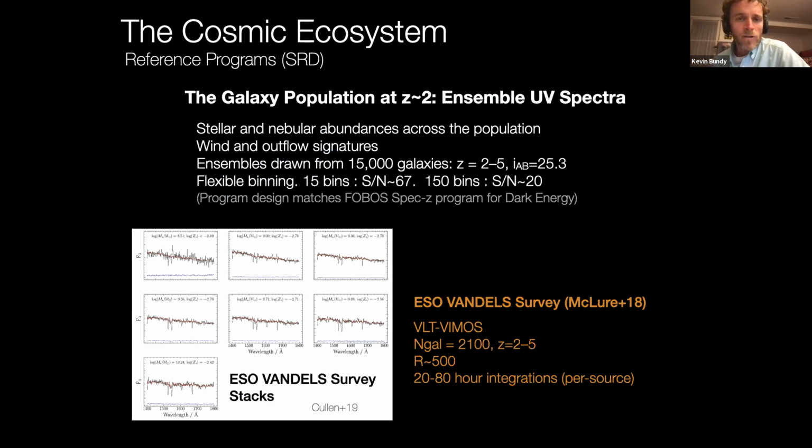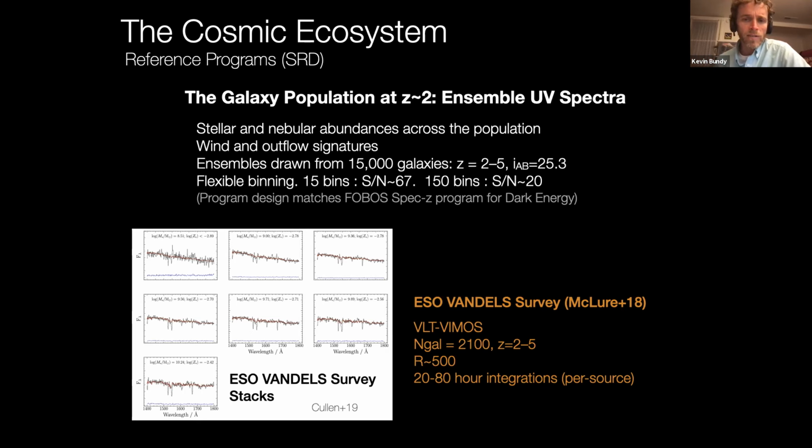Then we're interested in building a very large ensemble UV spectral database of galaxies at redshift 2. And we want to be able to have a large sample, something like 15,000 galaxies, spanning a range in mass and other galaxy properties in order to make stacked ensemble spectra that can provide very high signal to noise diagnostics of stellar and nebular abundance patterns and even kinematics.